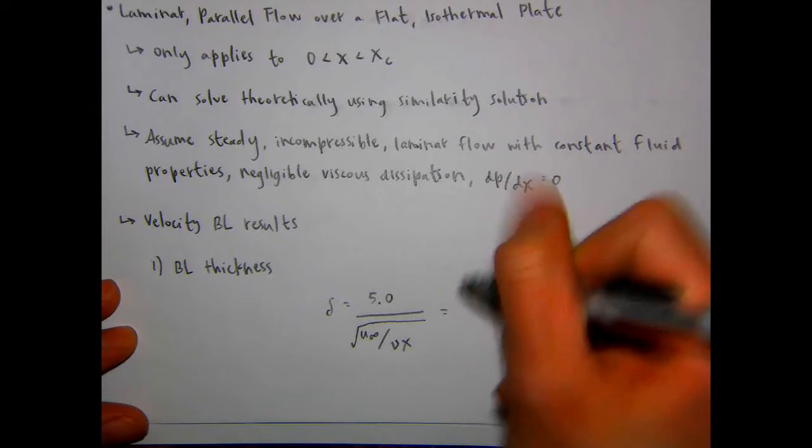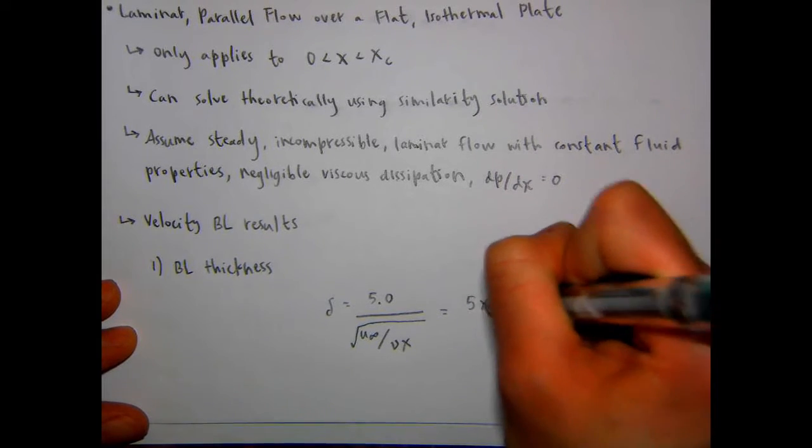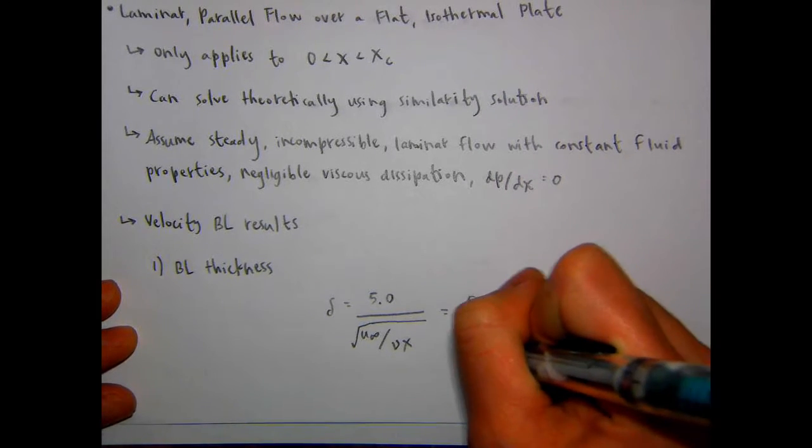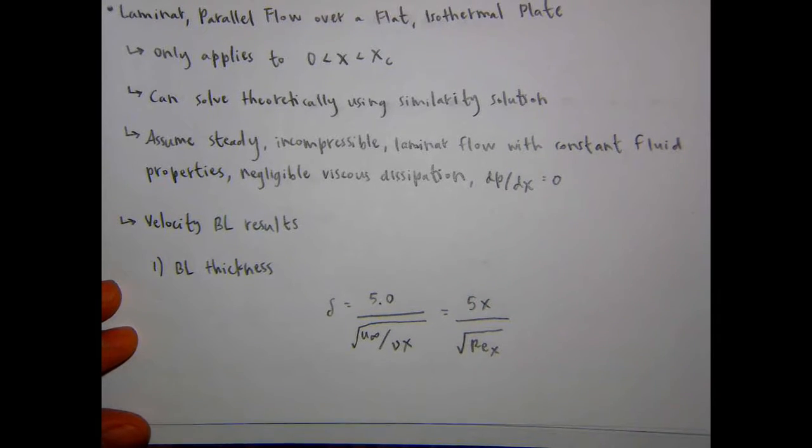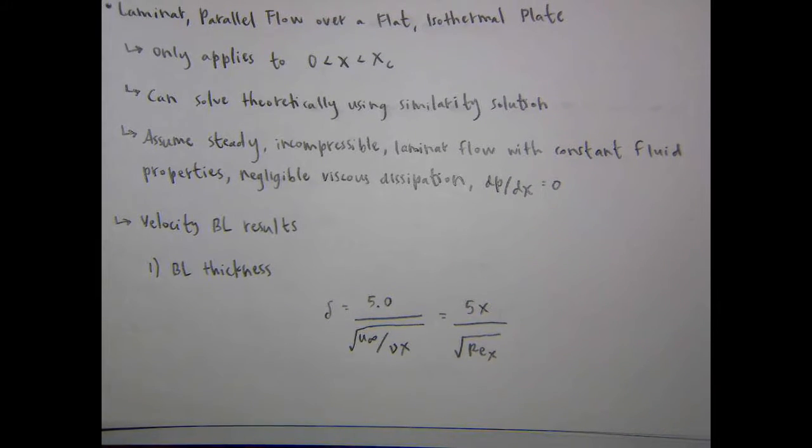If we want to cast this in terms of the Reynolds number, 5x over the square root of the Reynolds number. So you can see the boundary layer thickness now decreases with increasing Reynolds number, which is what we wrote down previously.